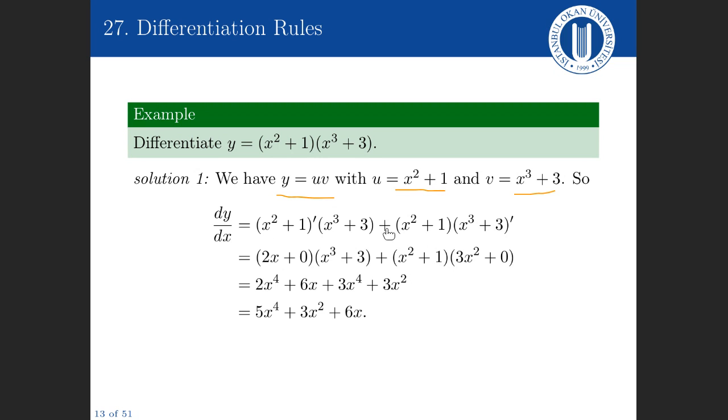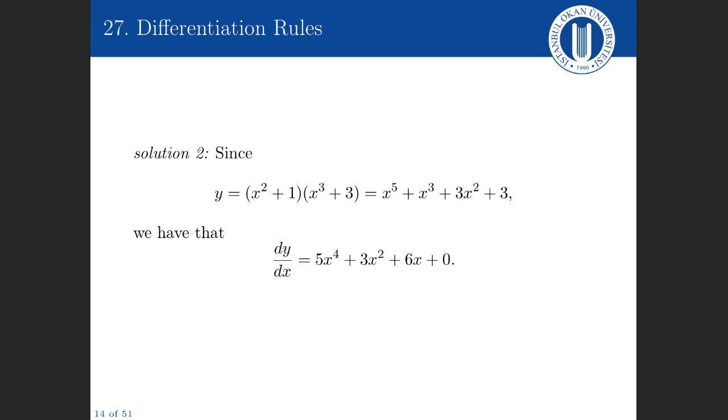And then we do plus, and then the first function we leave as it is, and we differentiate the second function. The derivative of x squared plus 1, of course, is 2x plus 0. And the derivative of x cubed plus 3, of course, is 3x squared plus 0. When we multiply this out, we get the answer 5x to the power 4 plus 3x squared plus 6x.